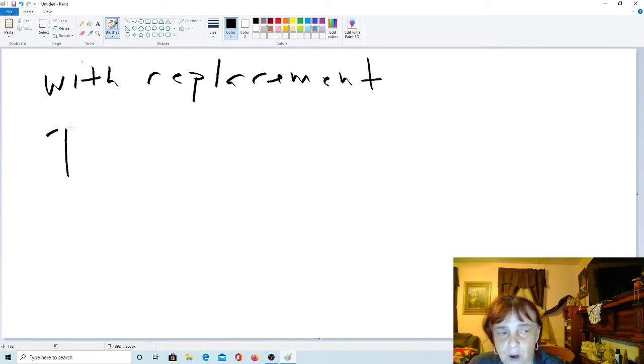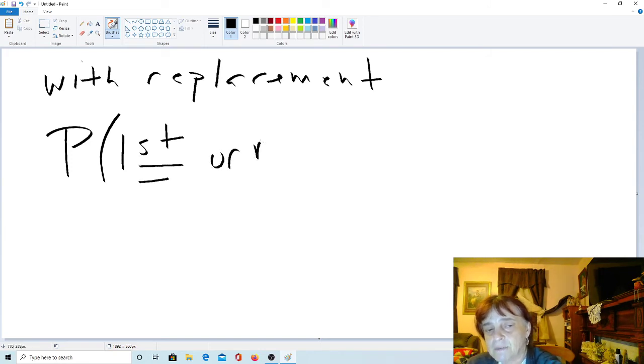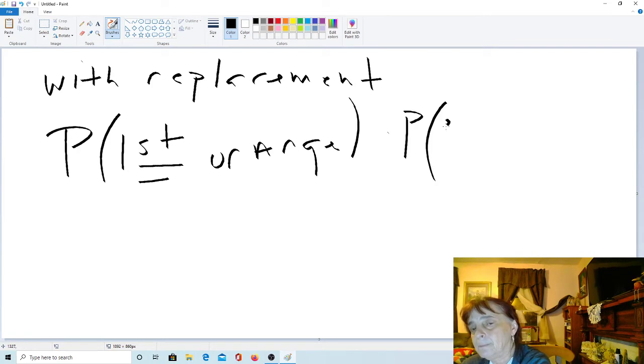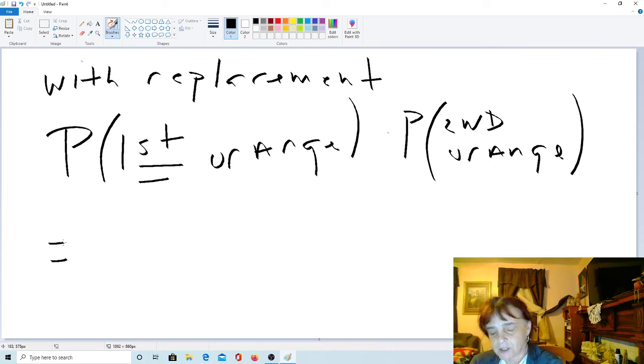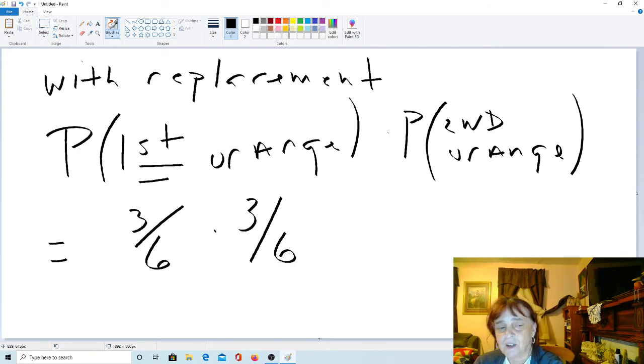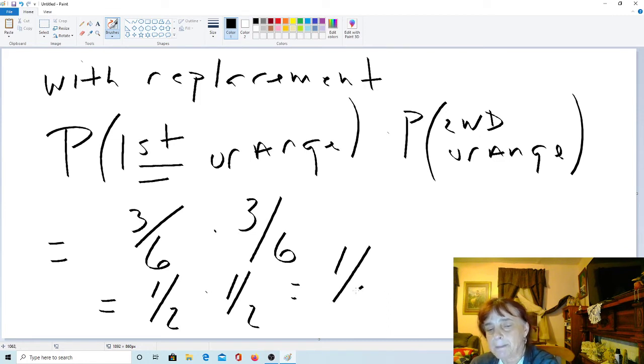That's the probability the first one's orange times the probability the second one's orange. Okay, so the first one's orange would be 3/6. And if it's with replacement, it would be 3/6 again, which is 1/2 times 1/2, which is 1/4.